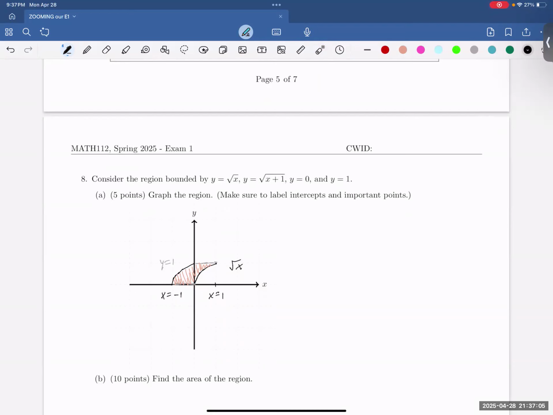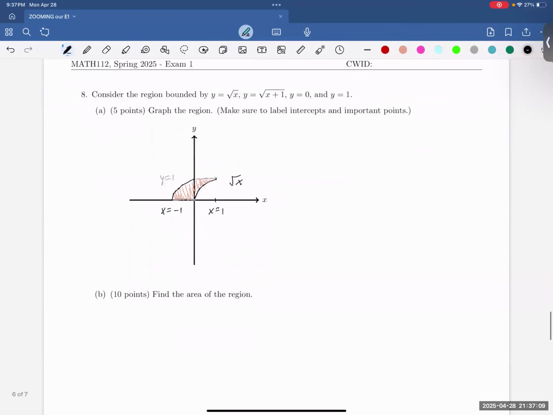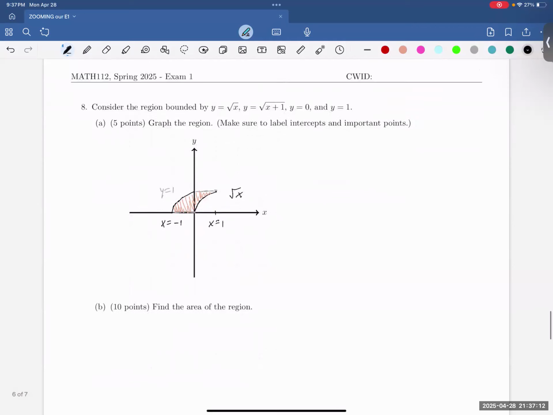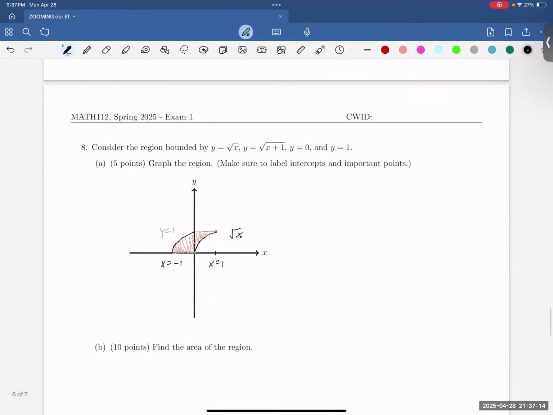So they switch at 0. So let's do area from, oh, and it says label intercepts and points. This is the point (1, 0), (0, 1). And this was that graph. This graph is root x plus 1.